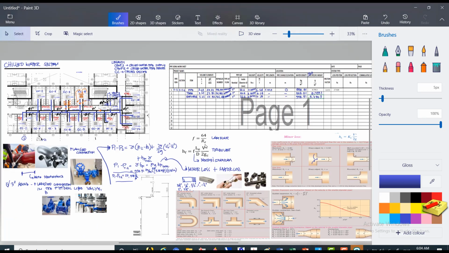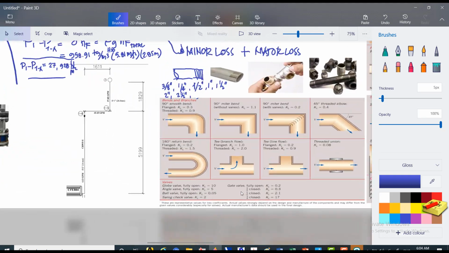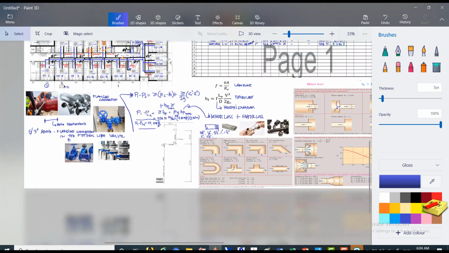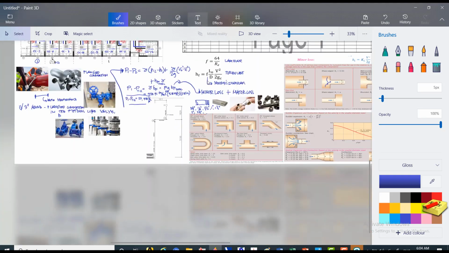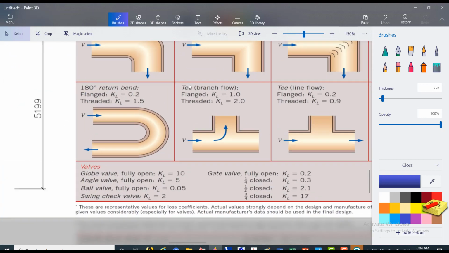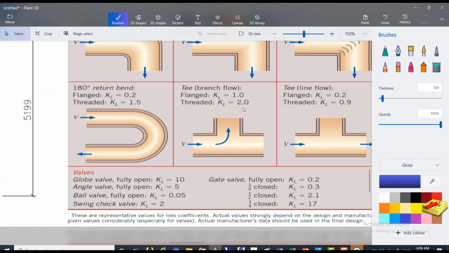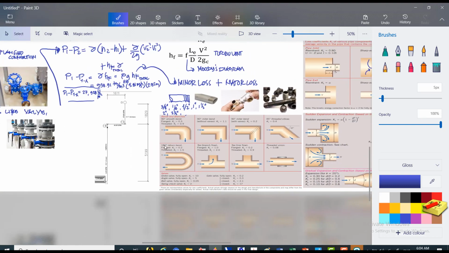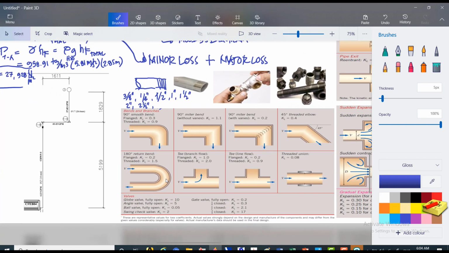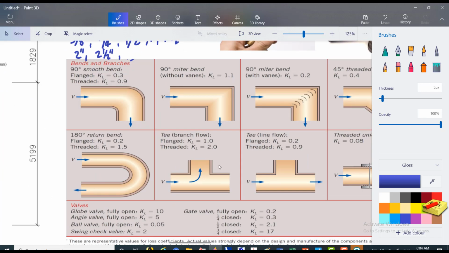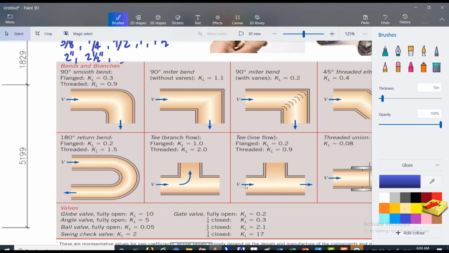Okay, so let's compute, no? So let's compute your T. So let's go, T, that is 1 inch. So it is categorized as threaded. So you have your KL, which is 2.0. So pansinin ninyo, we have two types of T. Yung flow niya is horizontal all along the flow of the main, and we have your branches here.